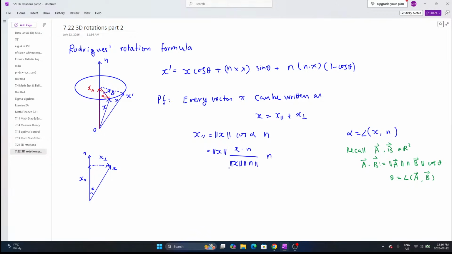So we notice a few things. X length, first of all, cancels out, and n length is just 1. So therefore, x parallel has this expression that is x dot with n times n. Okay. So that's the parallel component. Of course, once you have the parallel component, the perpendicular component is really easy to obtain. It's simply x minus x parallel. So it's just x minus x dot with n times n.